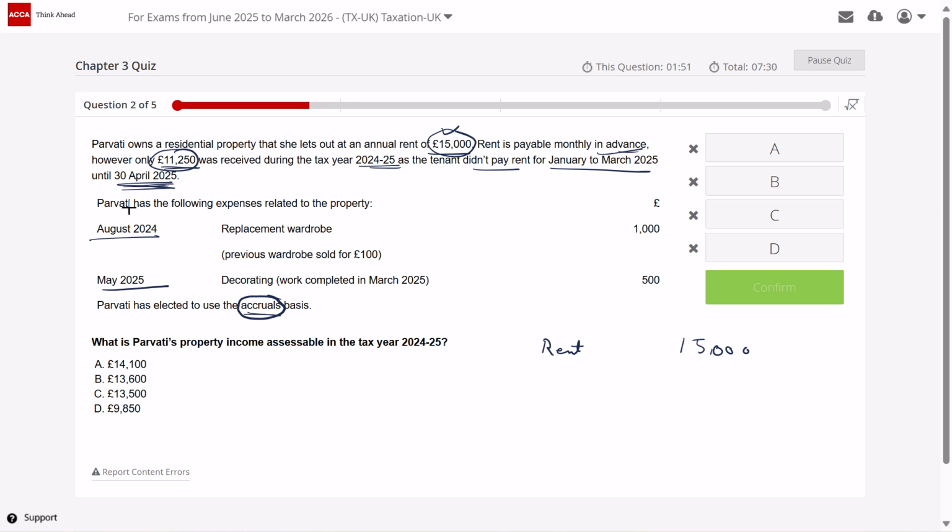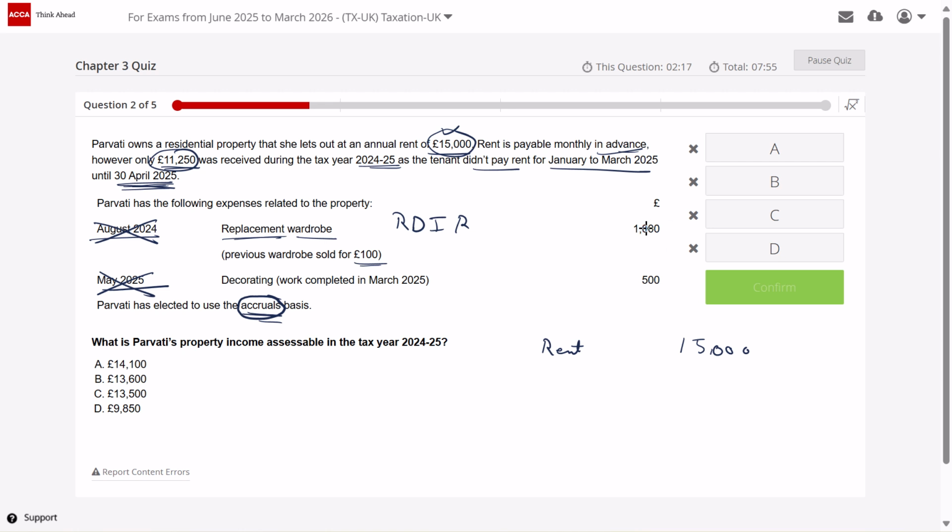Now when I talk about expenses, Parvati has the following expenses related to the property. Here I won't be looking at the payment date because this is not cash basis, this is accrual basis. So Parvati purchased a replacement wardrobe. Now this is a replacement, right? So I will be eligible for replacement domestic item relief. The new wardrobe cost 1000 and the previous wardrobe was sold for 100.